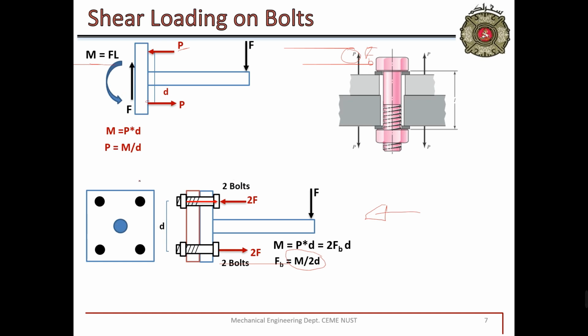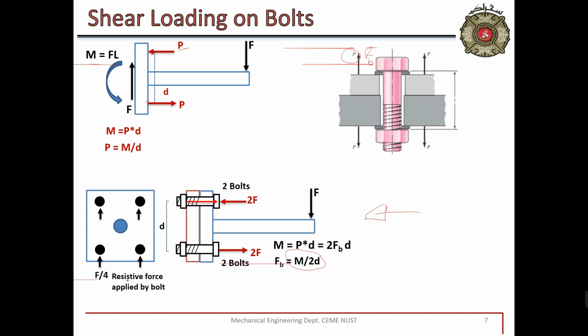This F is resisted by these four bolts. So at the end, we will get an equal distribution of load: F by 4 load will be acting on each bolt. These will be the loads because this is the reaction force to this F, and these bolts are reacting to this external force.